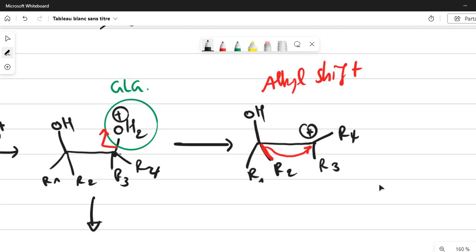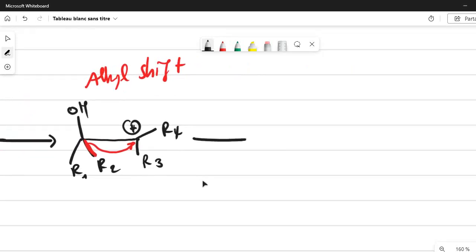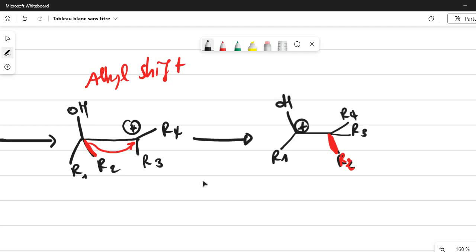So here we form this molecule, with R2, the one that came from the other carbon, and R3 and R4. Here we have OH, and we still have R1 with a positive charge.